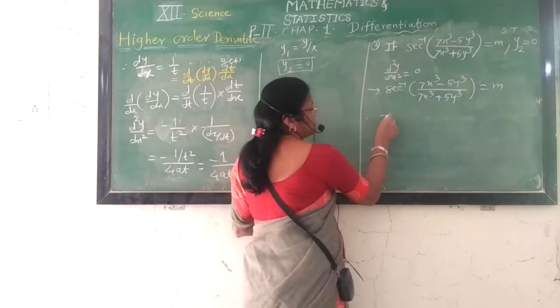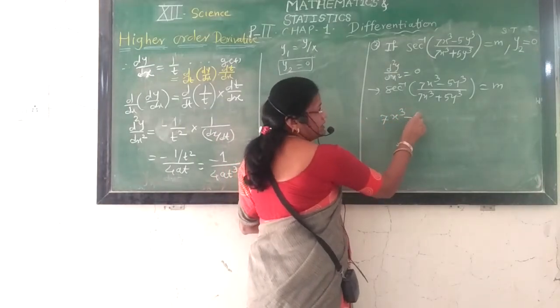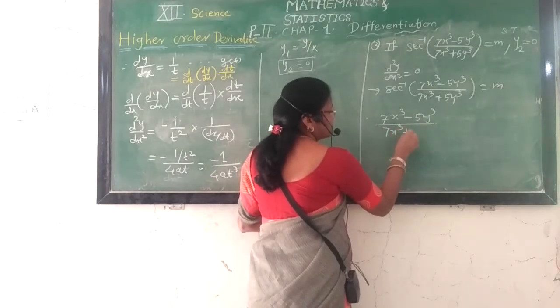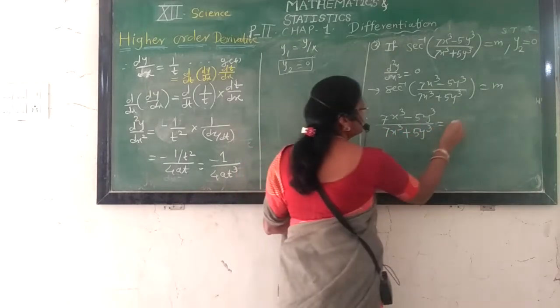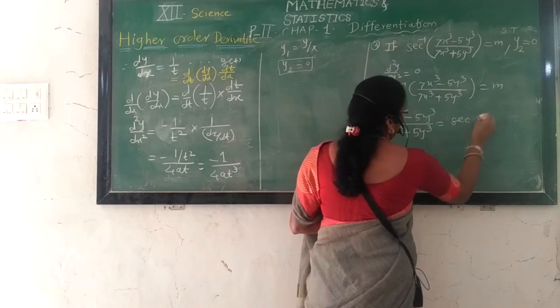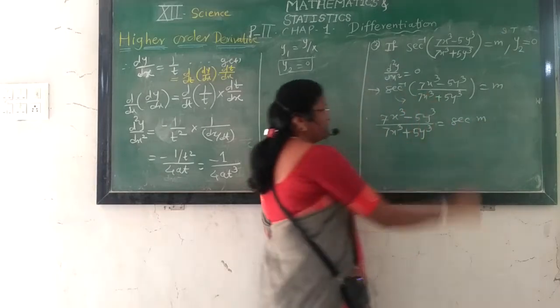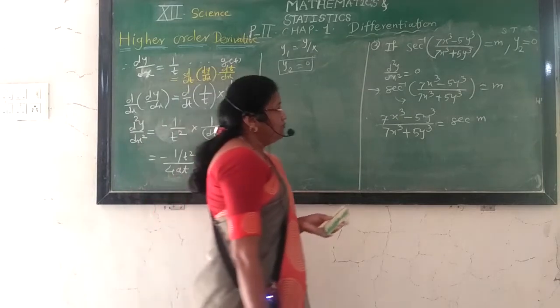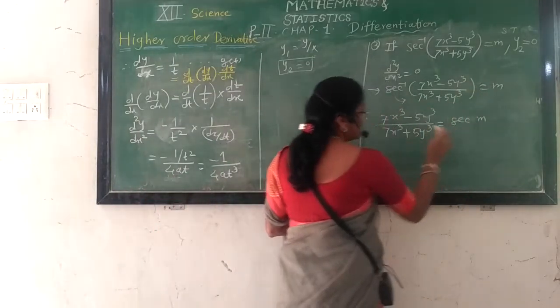Now for simplification we take (7x cube minus 5y cube) upon (7x cube plus 5y cube) equal to sec m, shifting the inverse trigonometric function to the right side. We take m as the angle of the secant function.